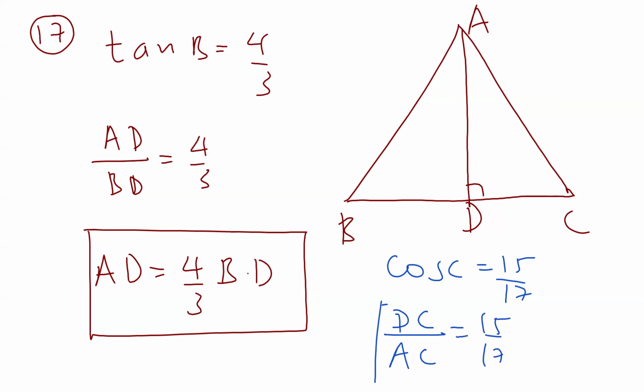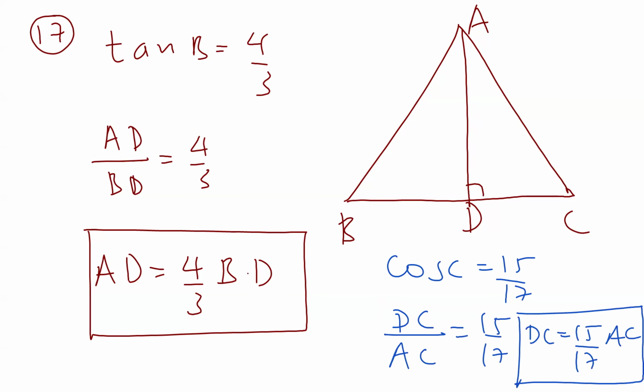So this is also one relation that we have got. We can just write DC is equal to 15 by 17 AC. The two things we have got over here, so make use of all these things. And one more thing is given, that AB is 20. I have just made a note of it.